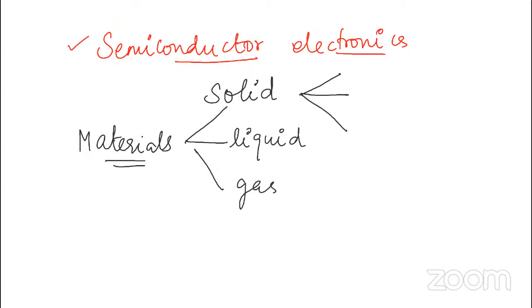Okay. First one is metals. Second one is insulators. And third one is semiconductors.